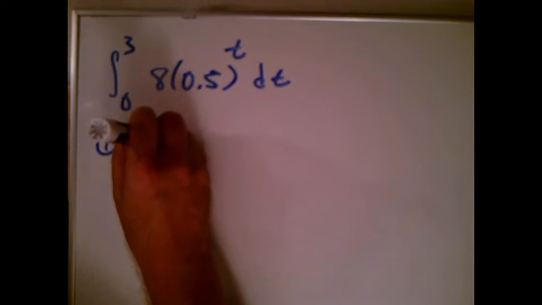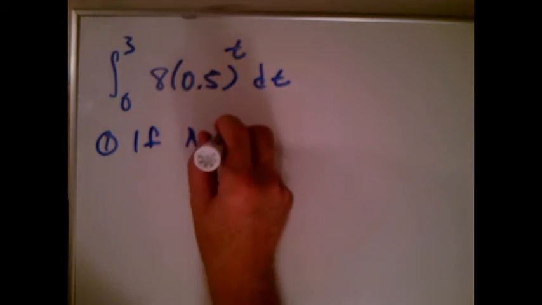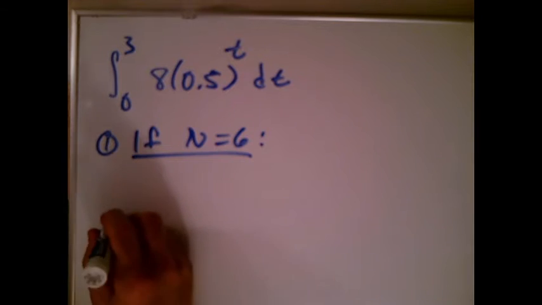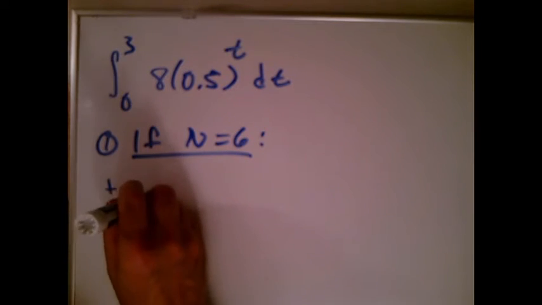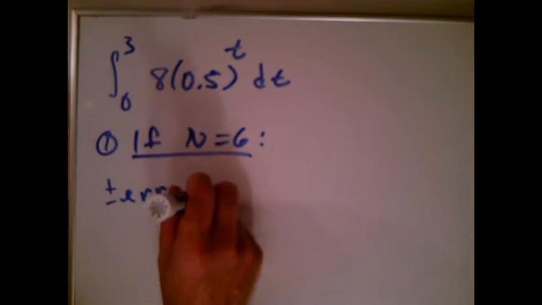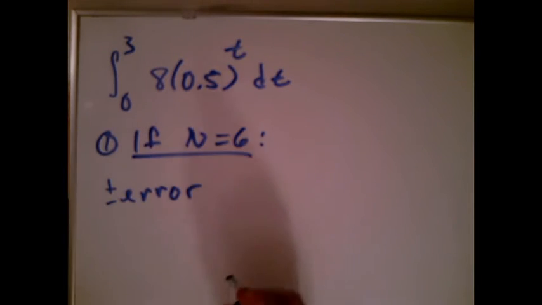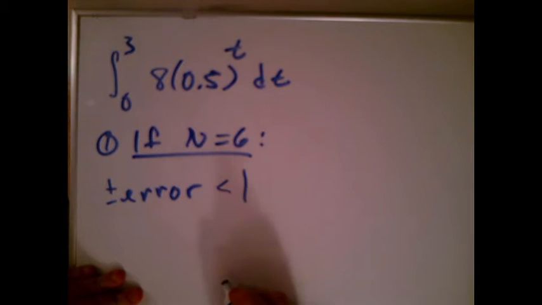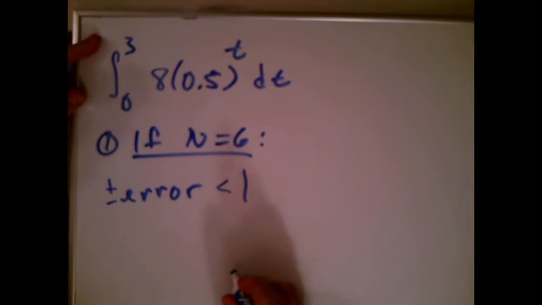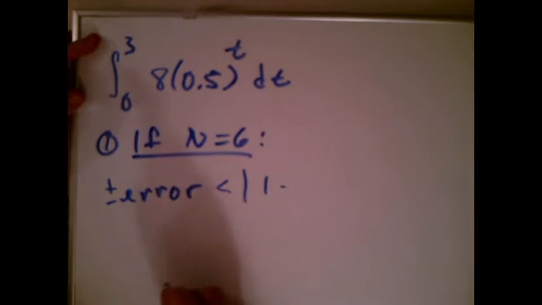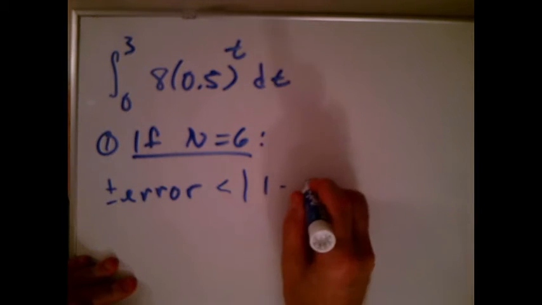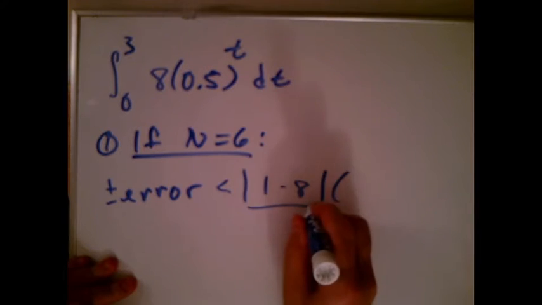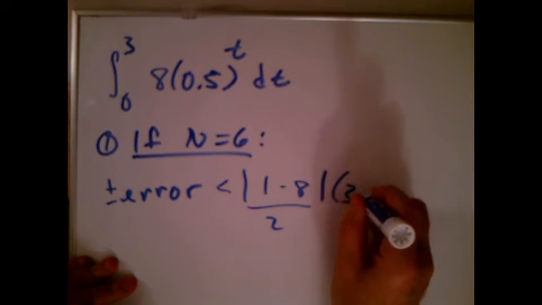If n was 6, what we just wrote down says the plus or minus error is going to be less than f of b, which was what you got when you plugged in 3, that was 1, minus f of a, and that was 8, the absolute value will fix that for us, and then over 2, and then I get 3 minus 0 over 6.